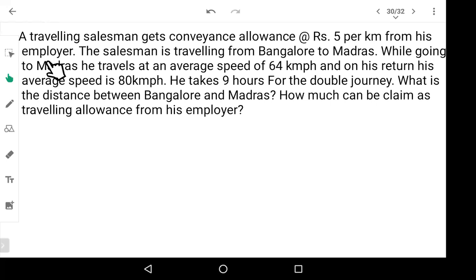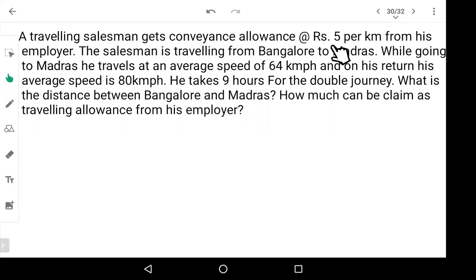So an employer is giving his employee, like a boss giving to a subordinate, who is a salesman. The salesman has to go around a lot, so for the conveyance allowance to go around to do the marketing, they are paying him 5 rupees per kilometer for the petrol.